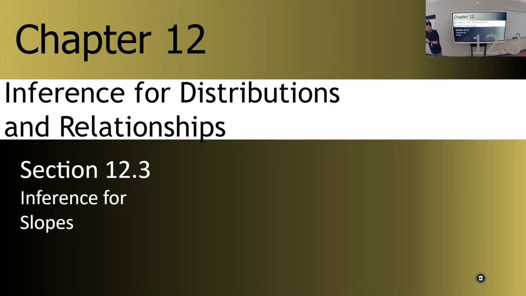Most of what we do today is review from bivariate data, linear regression, y hat is equal to a plus bx. You got a slope and you got a y-intercept and you got r and you got r squared and you got s, the standard deviation of the residuals. We got residuals. Holy cow, right? I know it's been a long, long time ago, but a lot of that's going to be in today's lesson.